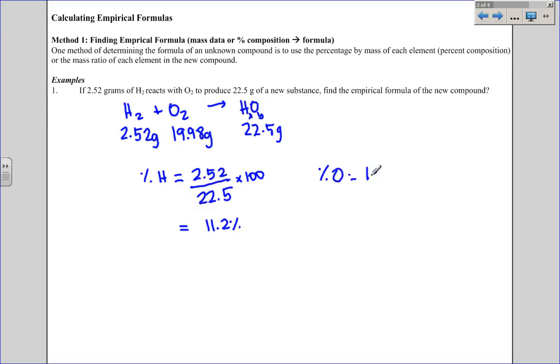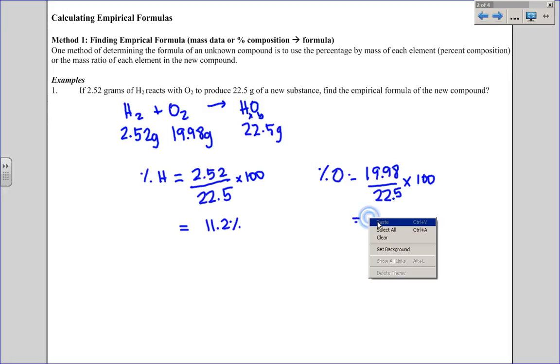For the oxygen, out of the 22.5 grams, 19.98 of it is oxygen. So we can find what that is as a percentage, which is 88.8.